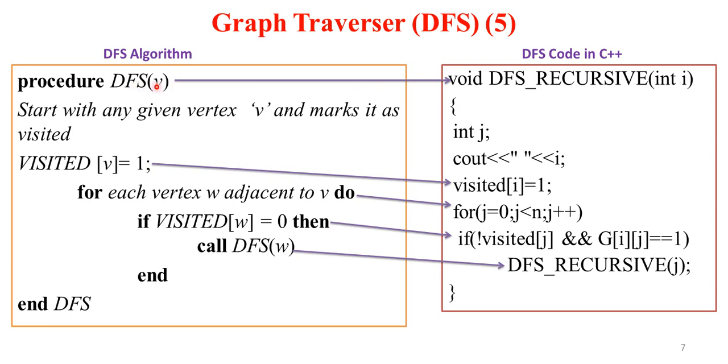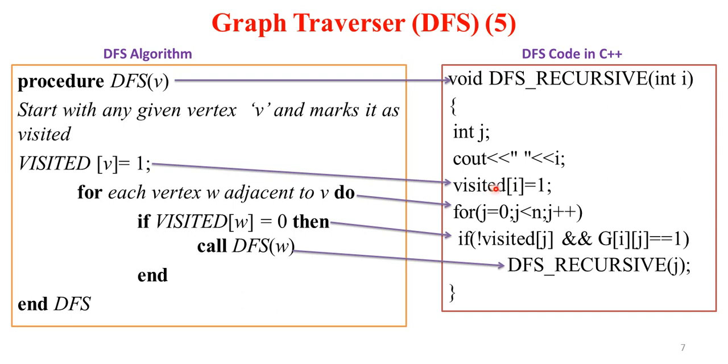Here we have DFS with starting vertex v, and the same thing is achieved here with initial vertex I. Initially we mark all vertices as unvisited, and whatever initial vertex is chosen for exploration is marked as visited. So here we have done the same thing.